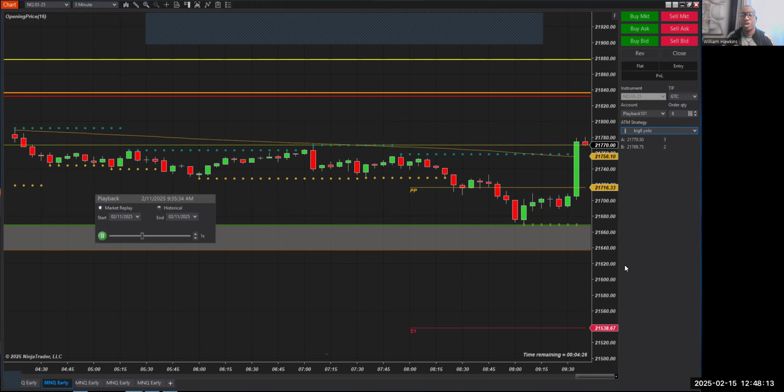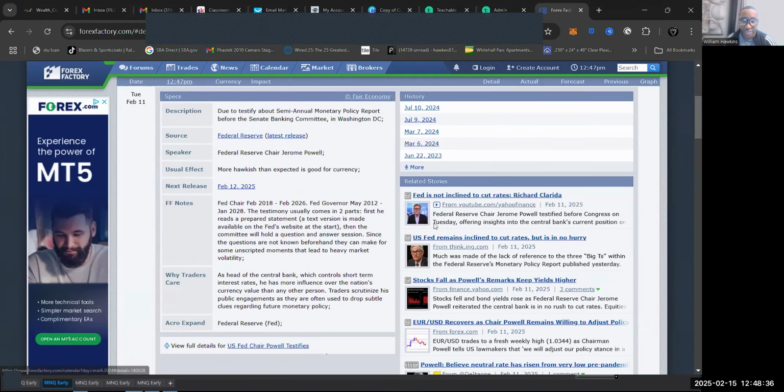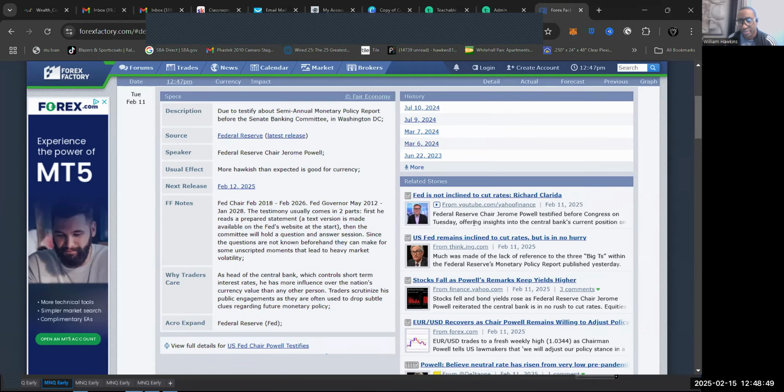But the cool thing about this, if you want to know more information, you can just click that folder and it will tell you what he was talking about. Due to testify on semi-annual monetary policy reports before the Senate Banking Committee. Fed is not inclined to cut rates. It tells you all the information.